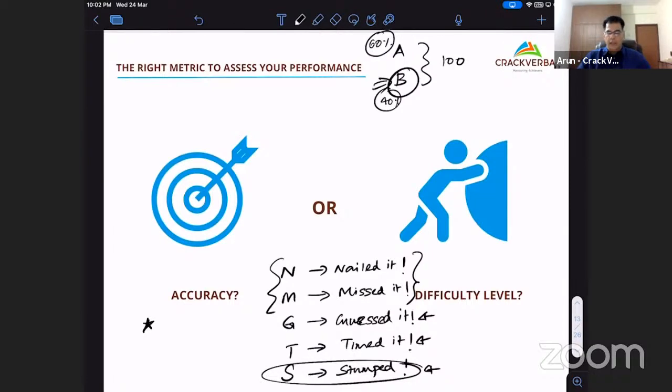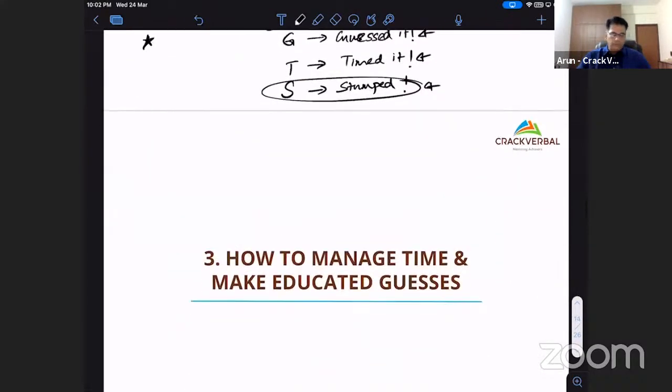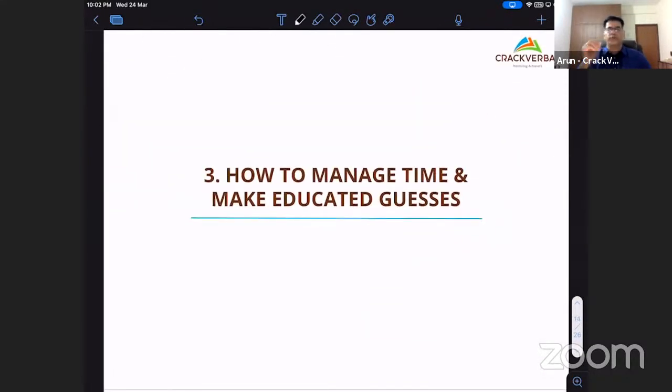So one question I wanted to just focus on, which is something a lot of times when we start preparing for the GMAT, we tend to miss out. It is our objective, and I want to make sure that your objective is not to score a perfect 800.